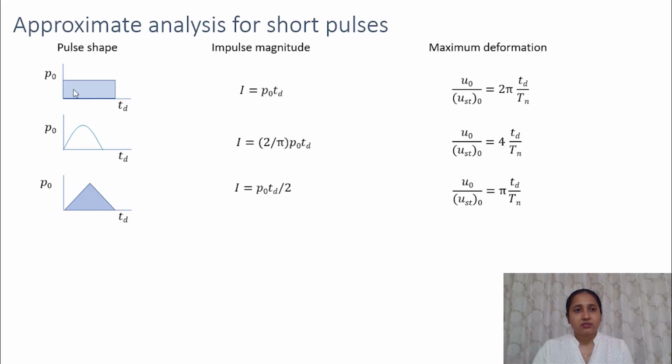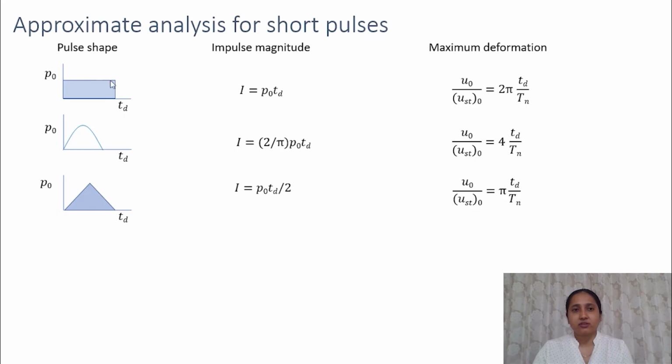In the case of a rectangular pulse, it can be expressed as an impulse with the magnitude P naught Td, and the maximum deformation, the normalized deformation, that is the dynamic amplitude divided by the static amplitude, would be 2 pi Td by Tn.